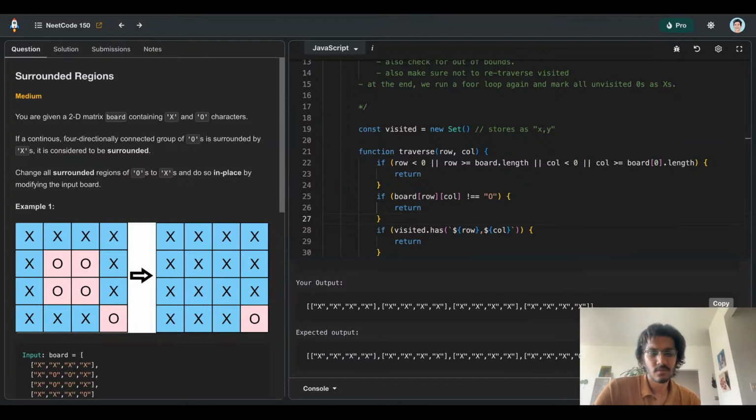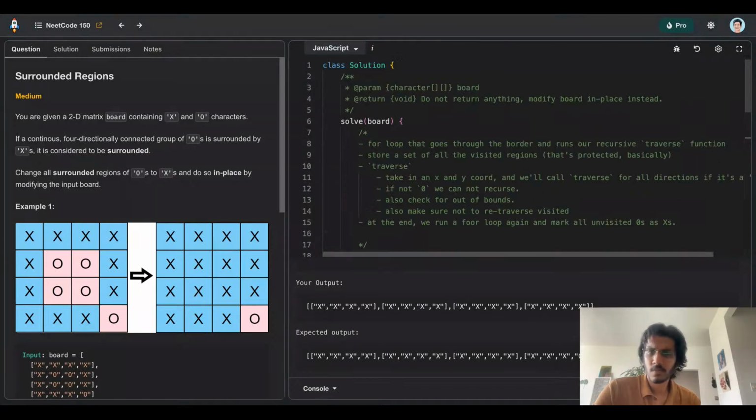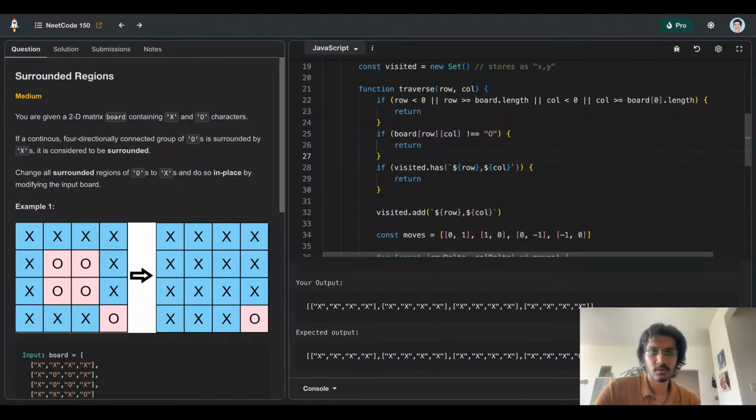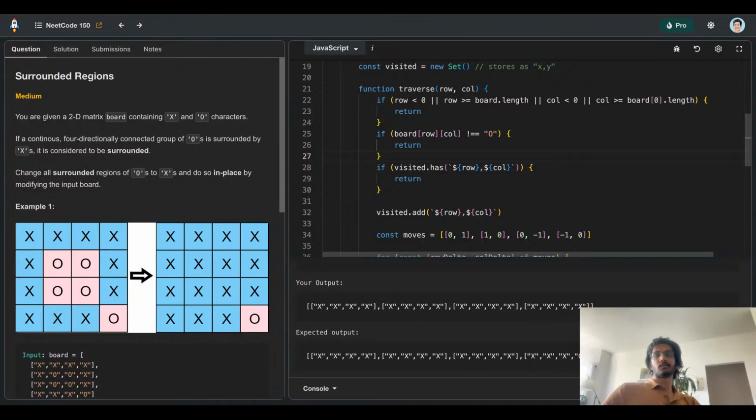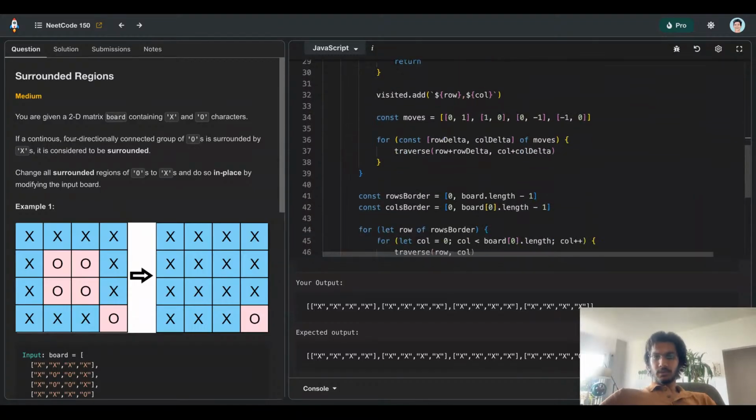I see. I just moved everything. Why didn't it call traverse on this?